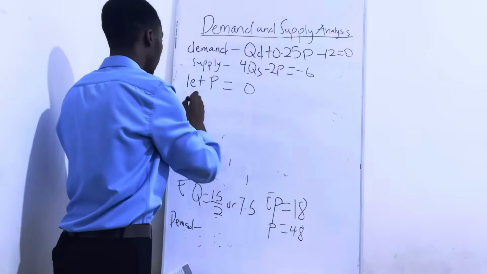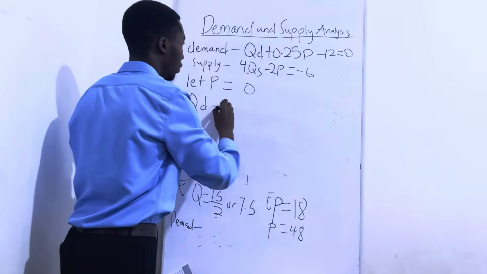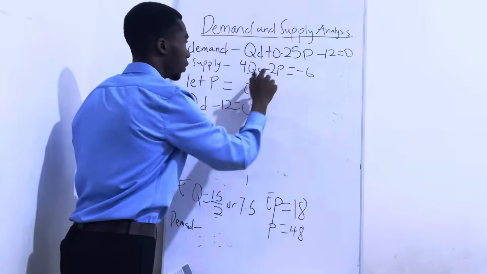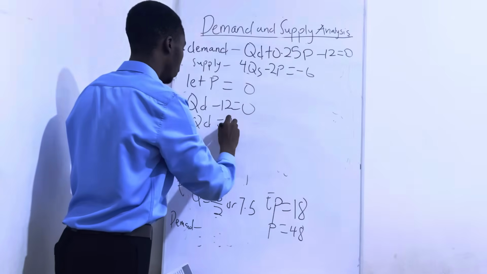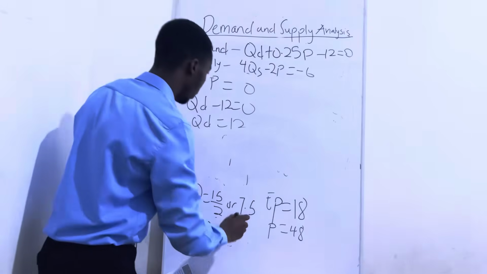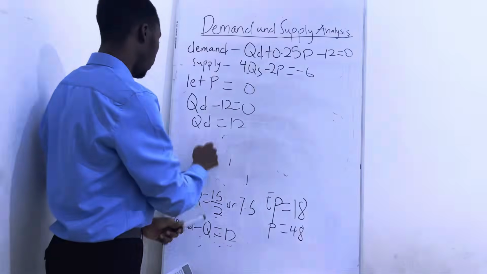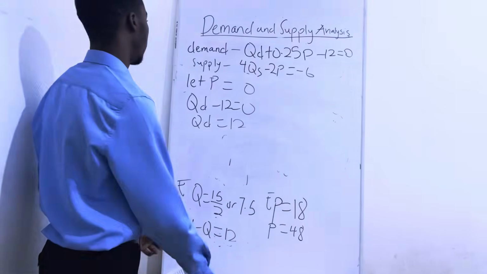So we have QD minus 12 is equal to 0, because P is now 0. So QD is equal to 12. So for the demand, Q is equal to 12, then P is equal to 48.